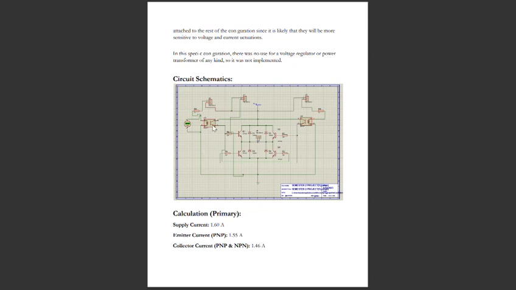Here we use optocouplers and resistors: 4 resistors, 4 NPN transistors, 2 optocouplers, 2 1K resistors, and then the power supplies. First of all, the power supply is connected to the first optocoupler.